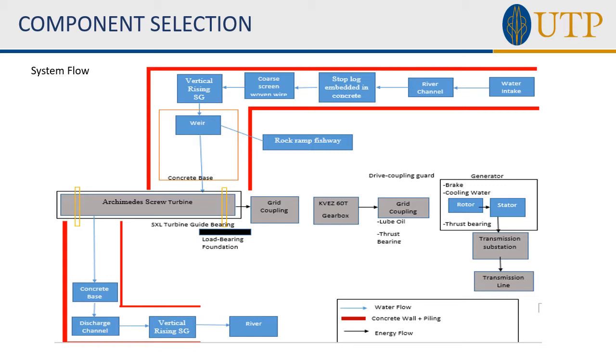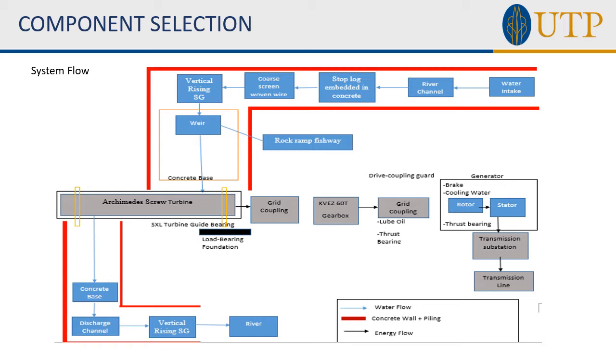The mechanical energy will change into electrical energy, and the electrical energy generated will pass to the transmission substation and the transmission line, and then to the housing area.